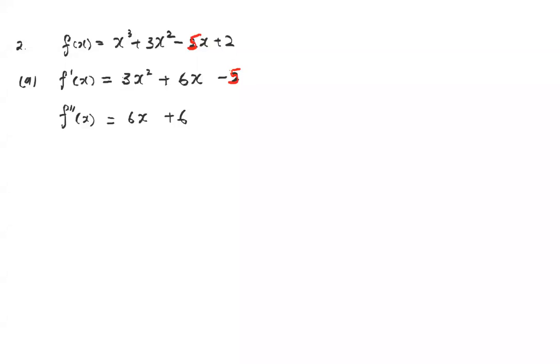So the purpose of this: to find the stationary point of y equal to f(x), what must I do? I must let f prime x equal to 0. Am I right? So that is what you must have in mind. I haven't answered part B yet. I'm just telling you what is the purpose of this function.